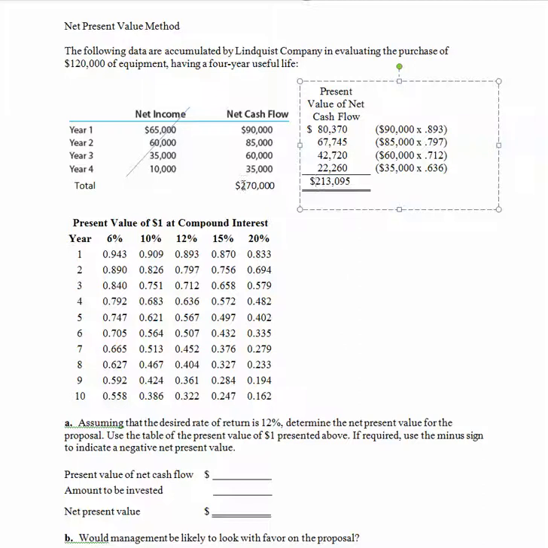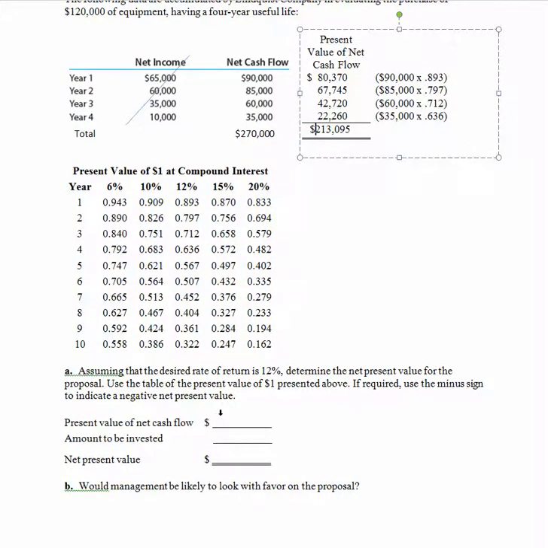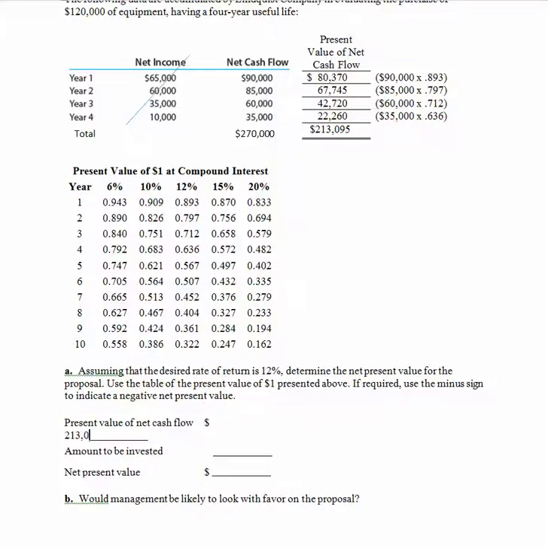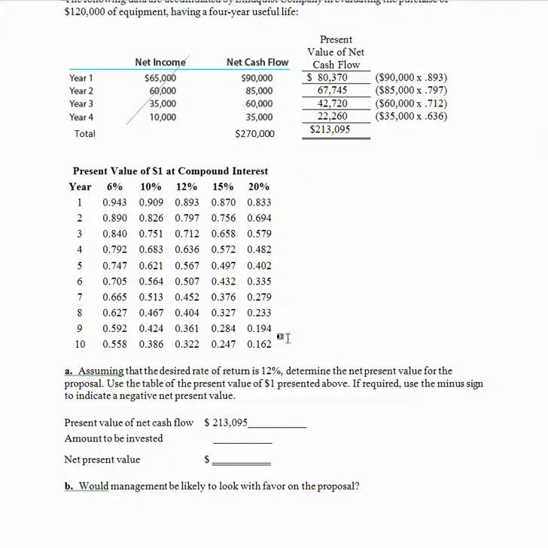Now, we're going to use that, and notice the present value of the net cash flows is always less than the future value, $270,000. So we are going to then compare this $213,095, which is the present value of our net cash flows for this project, to the amount in today's dollars that we would have to pay for this machinery.